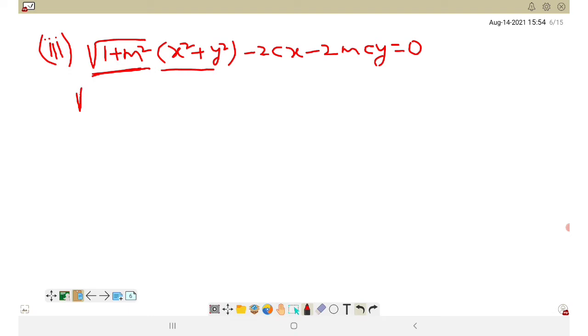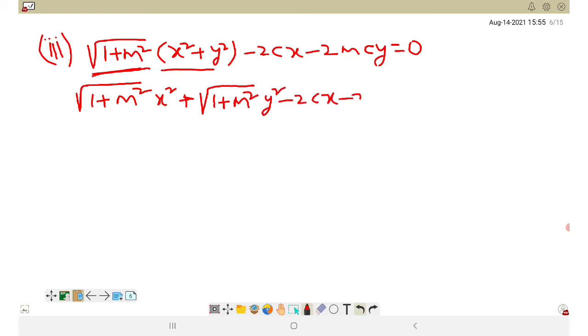So square root of 1 plus m square x square plus square root of 1 plus m square y square minus 2cx minus 2mcy is equal to 0.